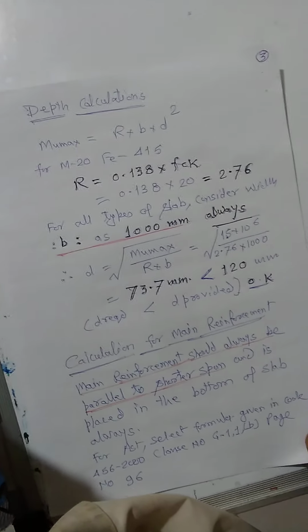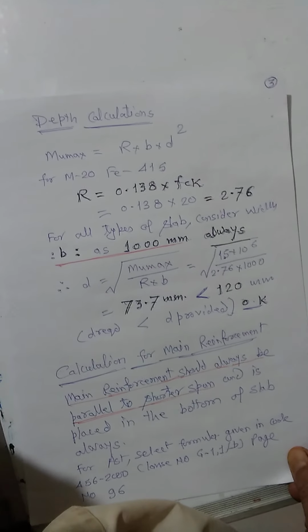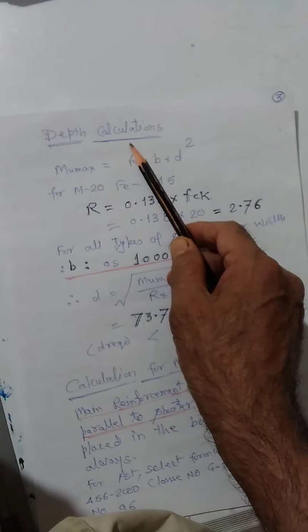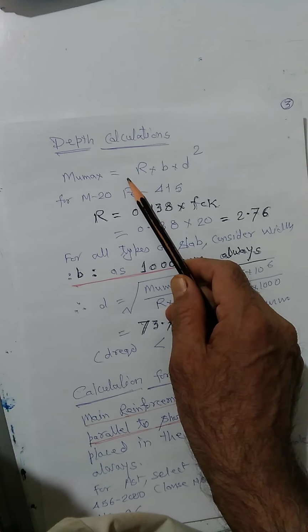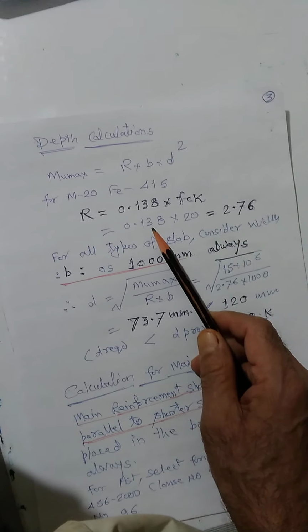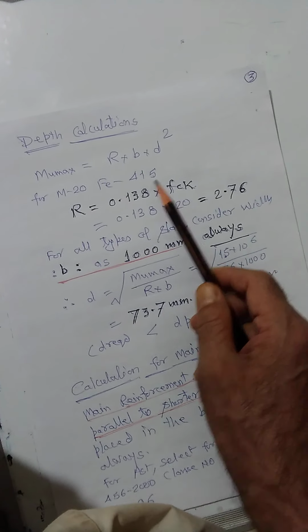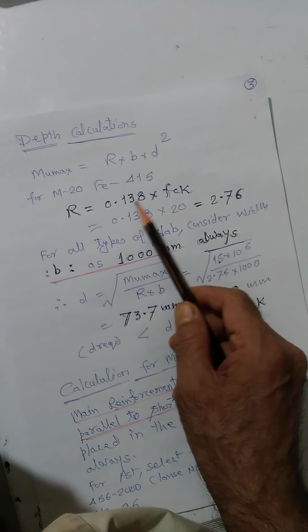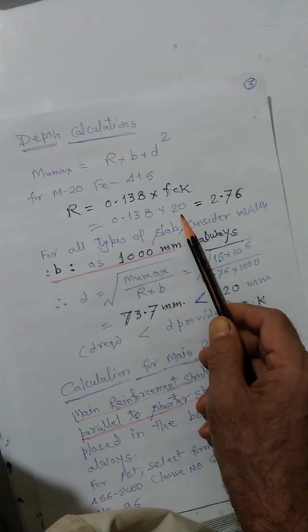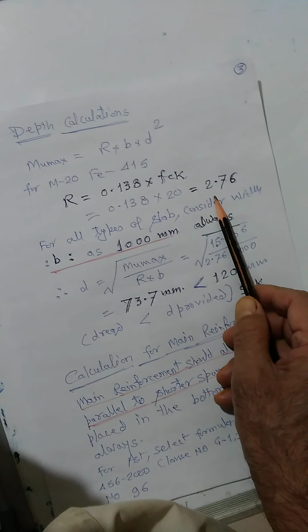Now with the help of these parameters of maximum bending moment and shear force, first we will go for the depth calculations. You know Mu max is equal to R B D square. For Fe415, R is equal to 0.138 into fck, it is already taken as 2.76.